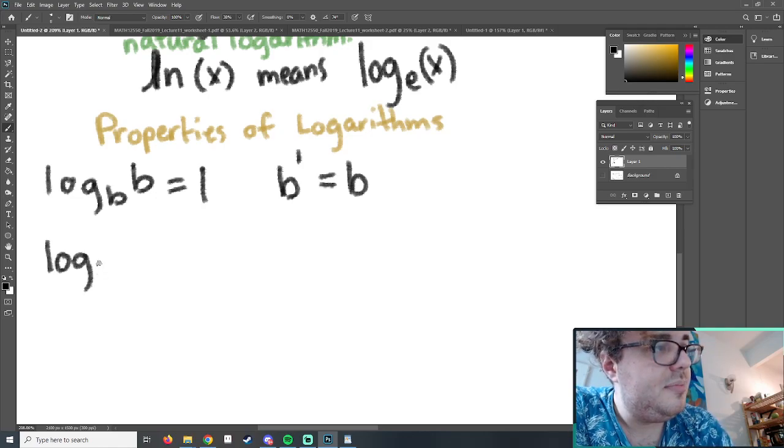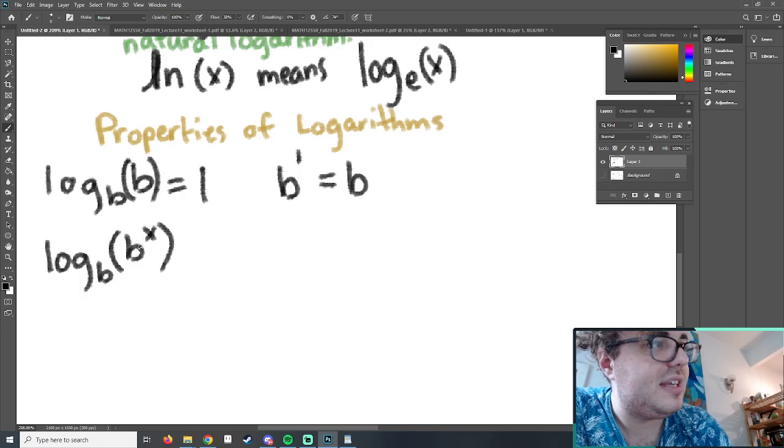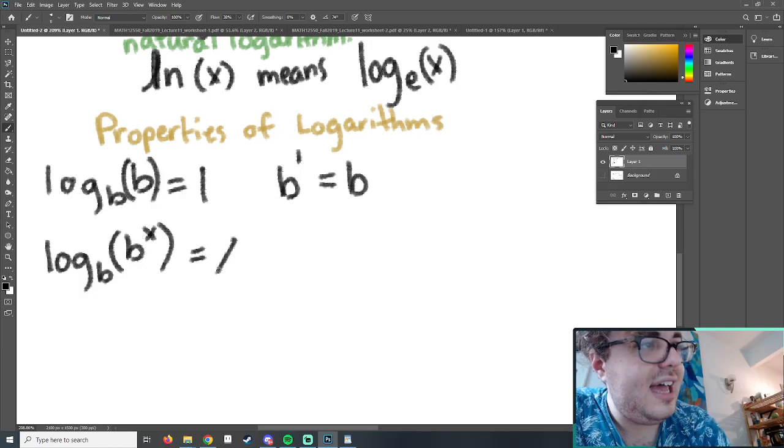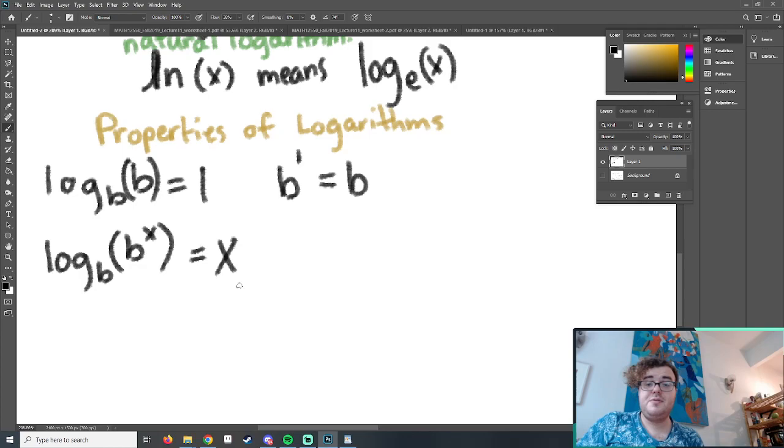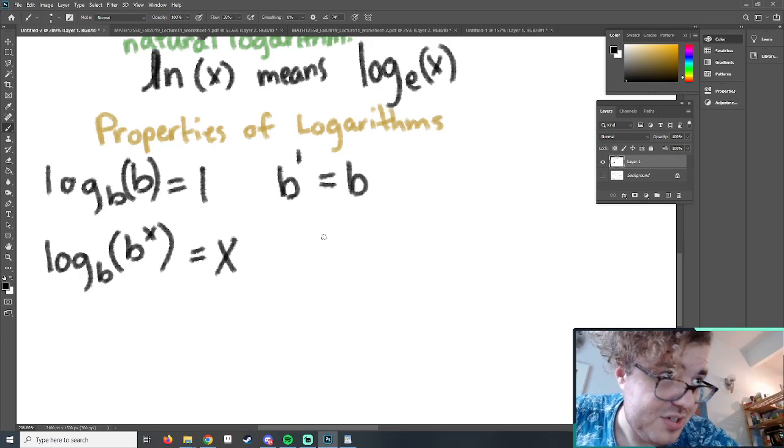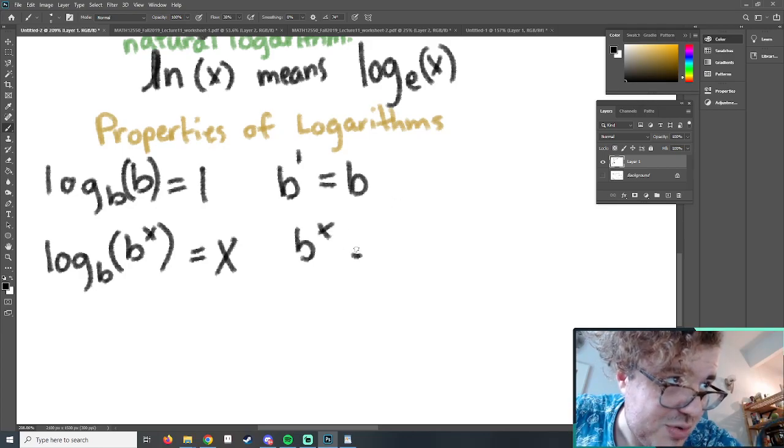Here's another nice one. Log base b of b to the x is x. First of all, it comes from the very obvious exponential equivalent: b to the x equals b to the x, right?